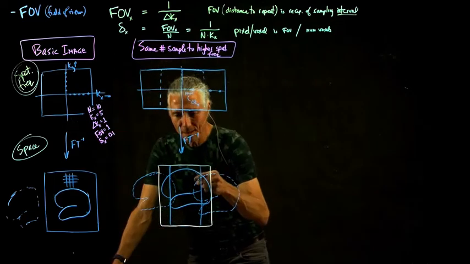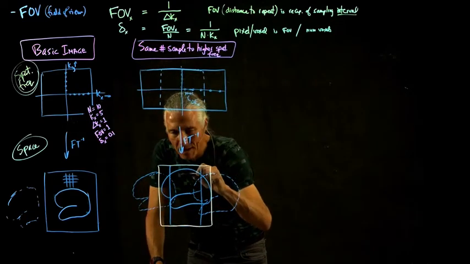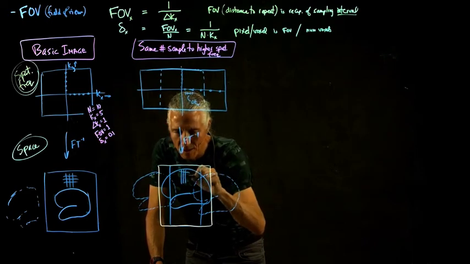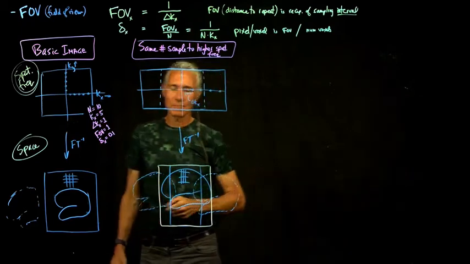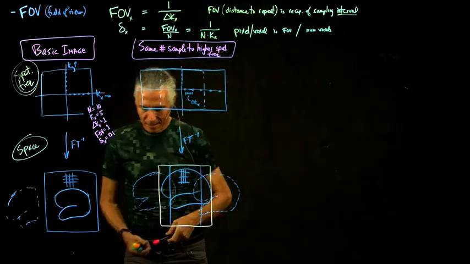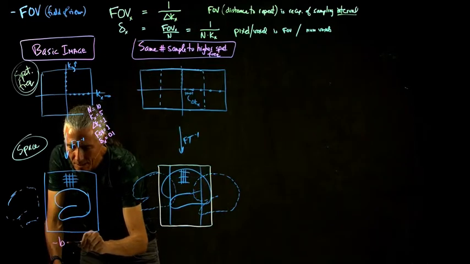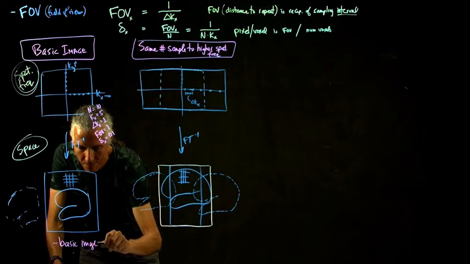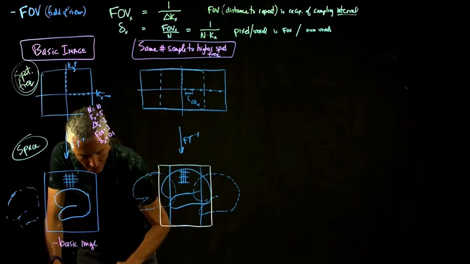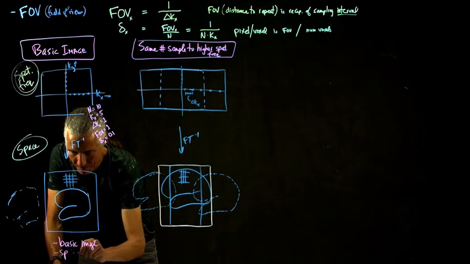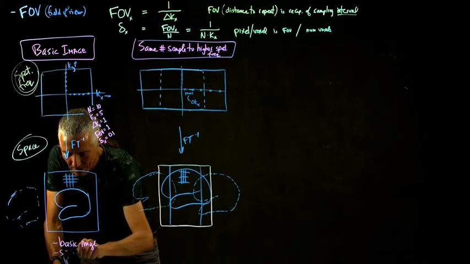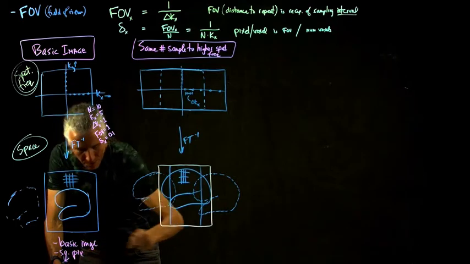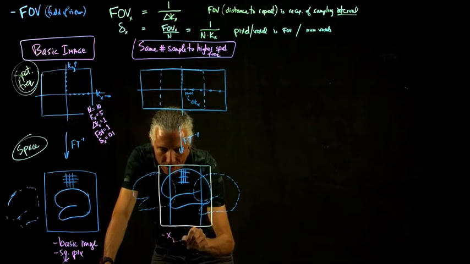So what happens to the voxels in that case? Well, they get thinner, just in one axis. They're still the same thickness that way, but they're thinner in that axis. So if this is our basic image with square pixels, now we end up with x pixel half width.